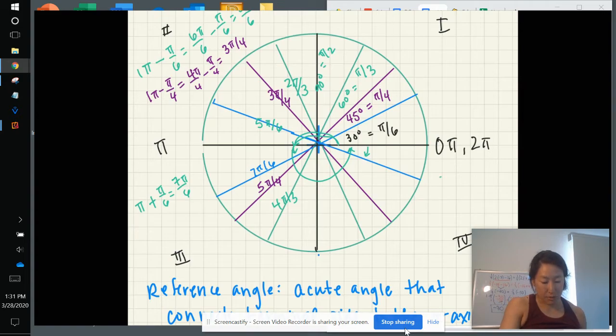So I'm going to start with 2 pi and subtract out the blue wedge, or the blue slice, which is a wedge of pi over 6, or 30 degrees. Okay, rewrite 2 pi as 12 pi over 6 minus pi over 6 to get our common denominator, leaving us with 11 pi over 6. So this is 11 pi over 6.